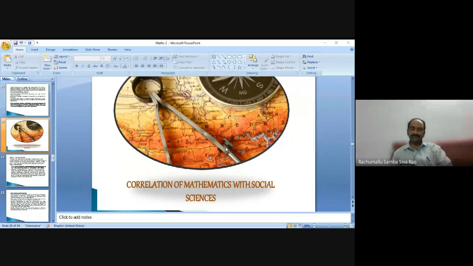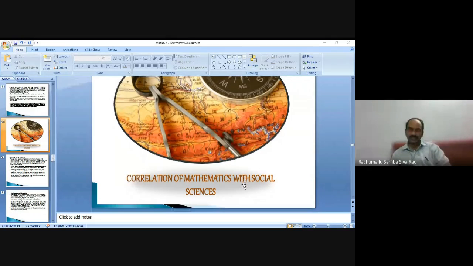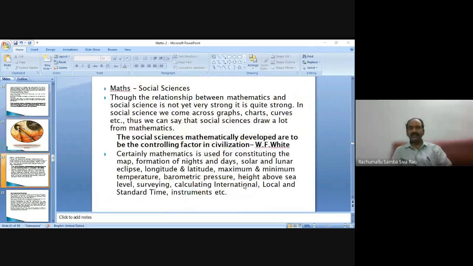Without knowledge of mathematics, it is not possible to understand or to shape a subject of a school curriculum. Likewise, mathematics has a correlation with social sciences. Though the relationship between mathematics and social science is not very strong, it is quite strong.